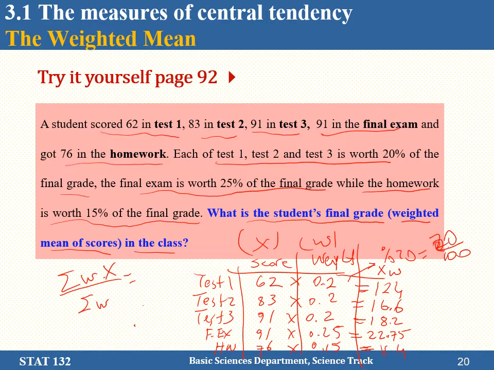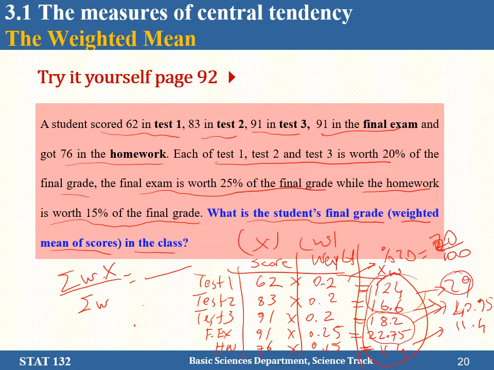When you add all these, the first two will be 29, and these two will get us 40.95, and with the 11.4, it will be 81.35.